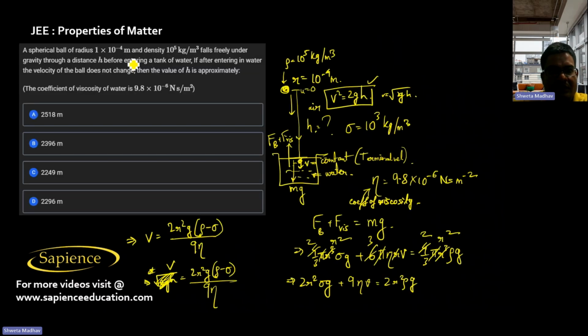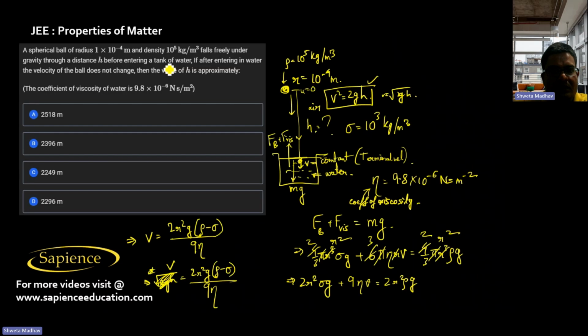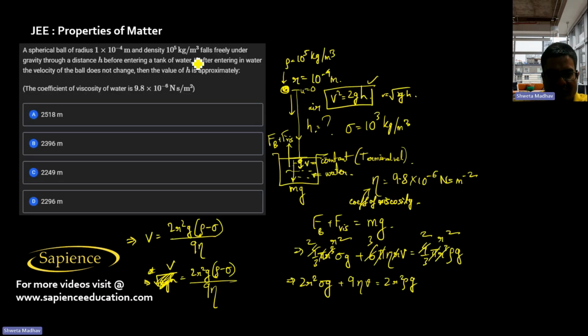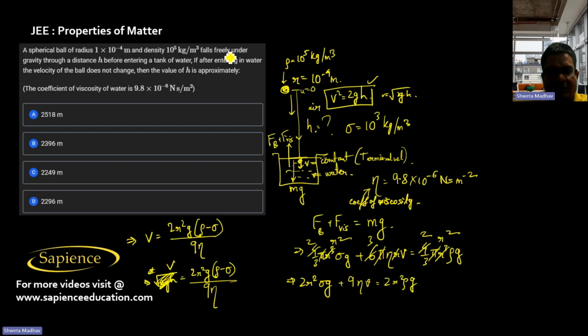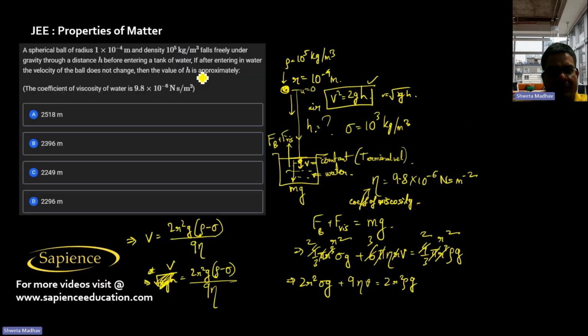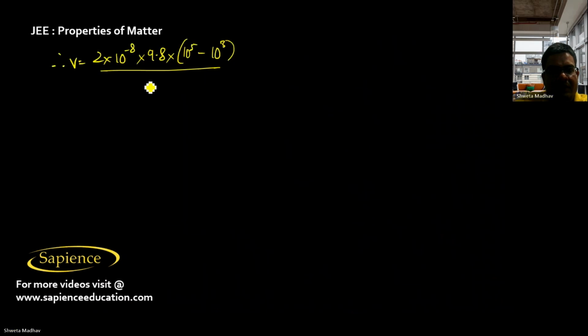Therefore this v will be equal to 2r square, r is 10 power minus 4, so 10 power minus 8, into g, g is 9.8, into rho, rho is 10 power 5 minus sigma, that is 10 power 3, divided by 9 into eta, it is 9.8 into 10 power minus 6.